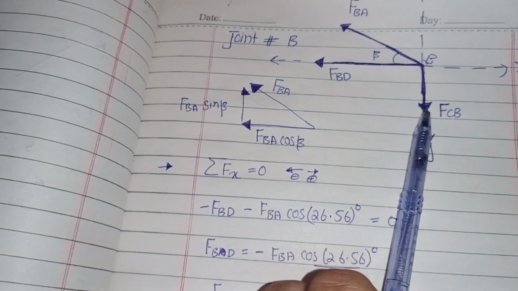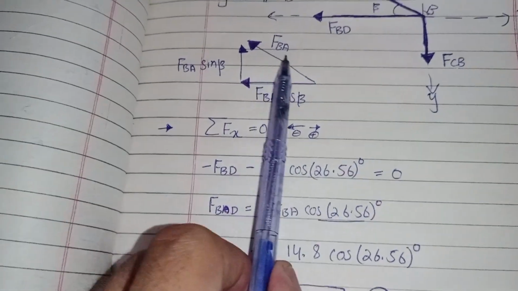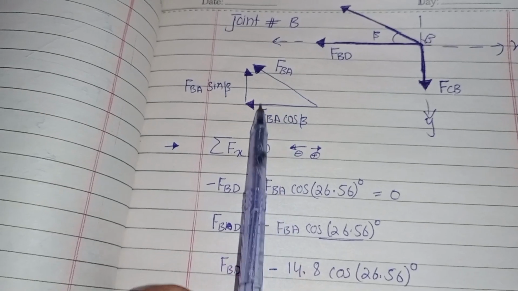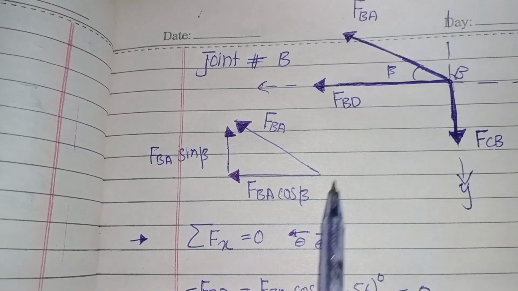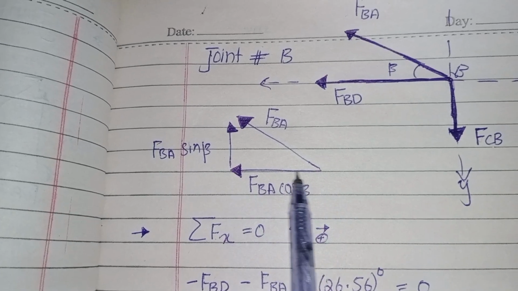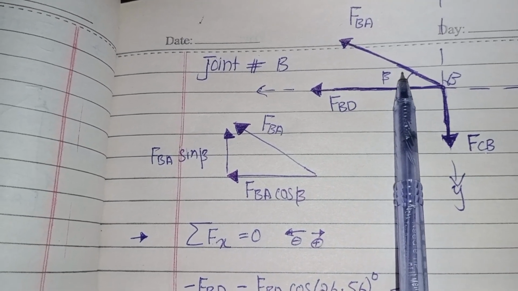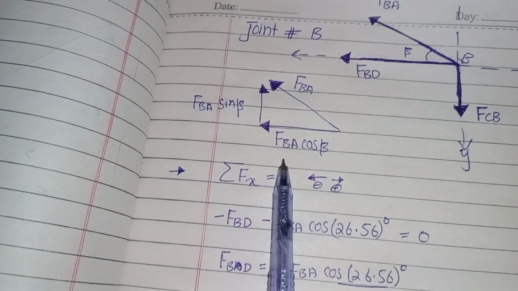First I assume that all these forces are in tension. So FBA cos beta with the horizontal component, because this member makes an angle with the x-axis.